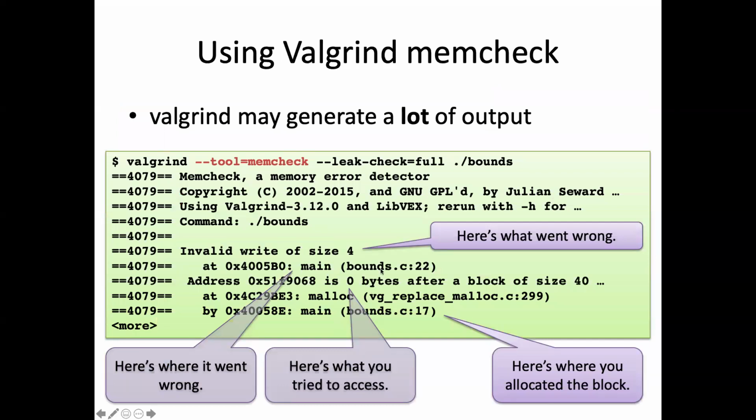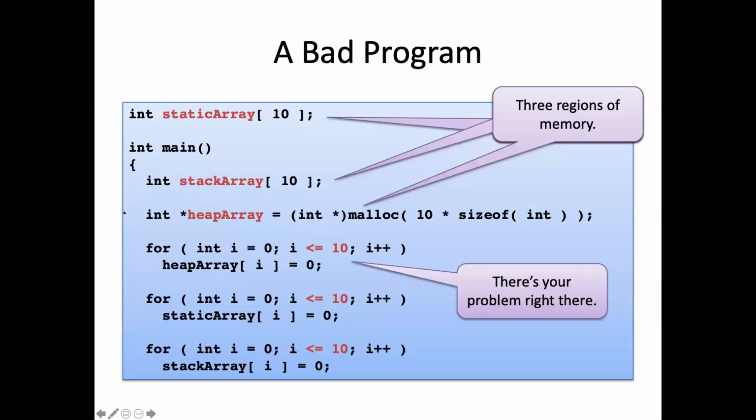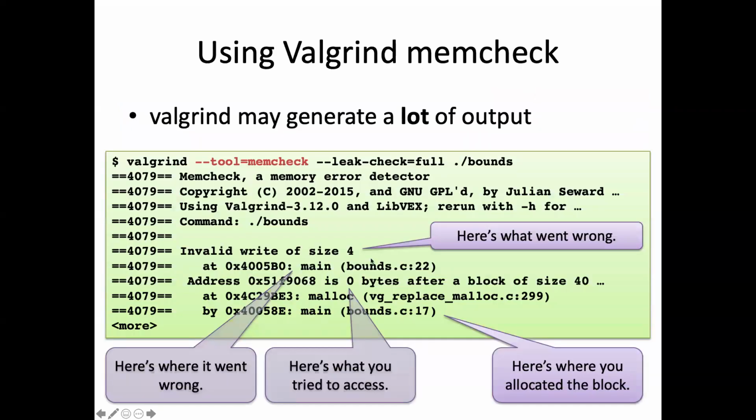If you look at this bounds line 22 in that example, backing up a slide, that's this line right here where I'm accidentally writing past the end of a heap allocated array. This tells me you wrote a 4-byte thing to memory that you shouldn't. Here's the line where you did it. And then the rest of this tells me where I allocated that block of memory.